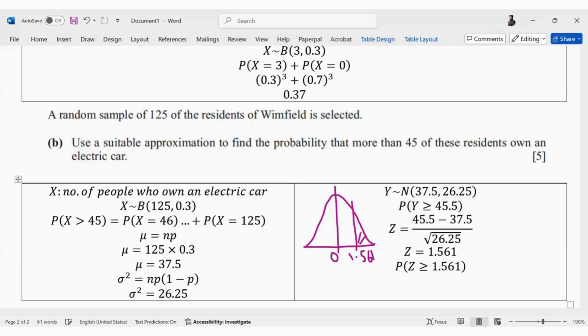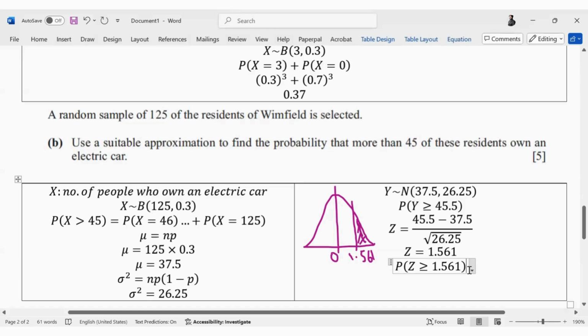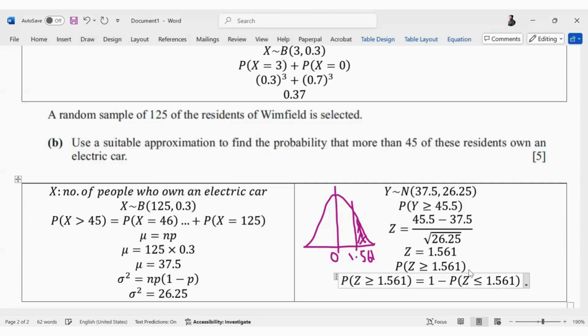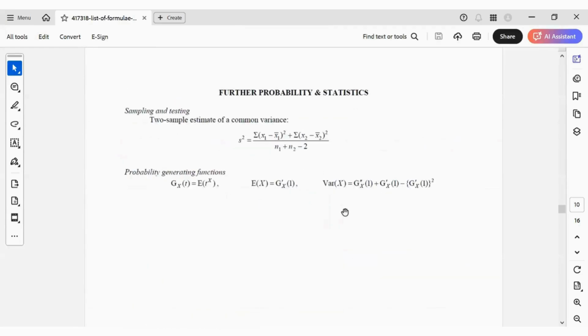And this is the probability that you are after. So the table does not cater to this probability, so we'll be finding it by subtracting from one the probability of Z less than or equal to 1.561. Let's go to the table and understand how we read it. The Z value is 1.5.